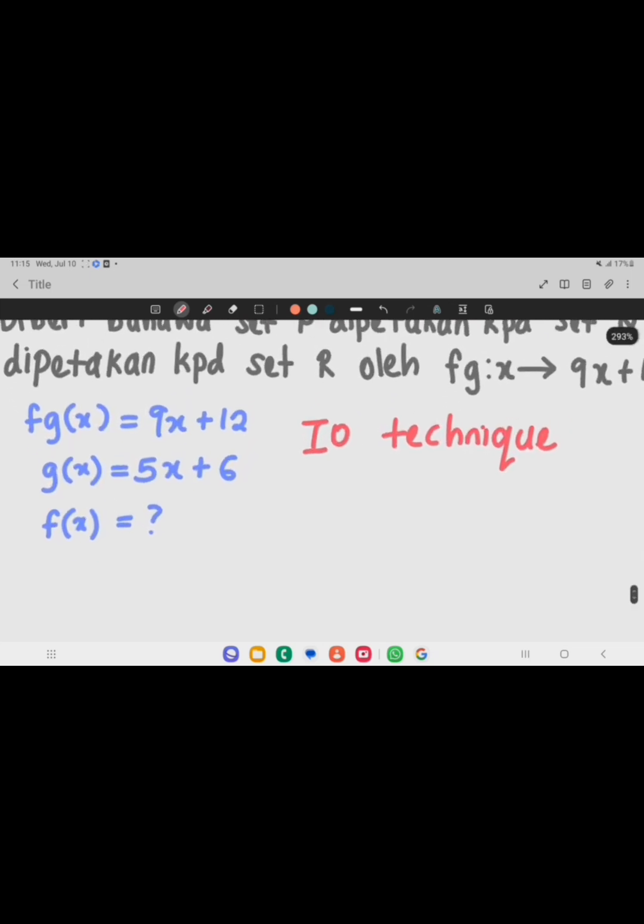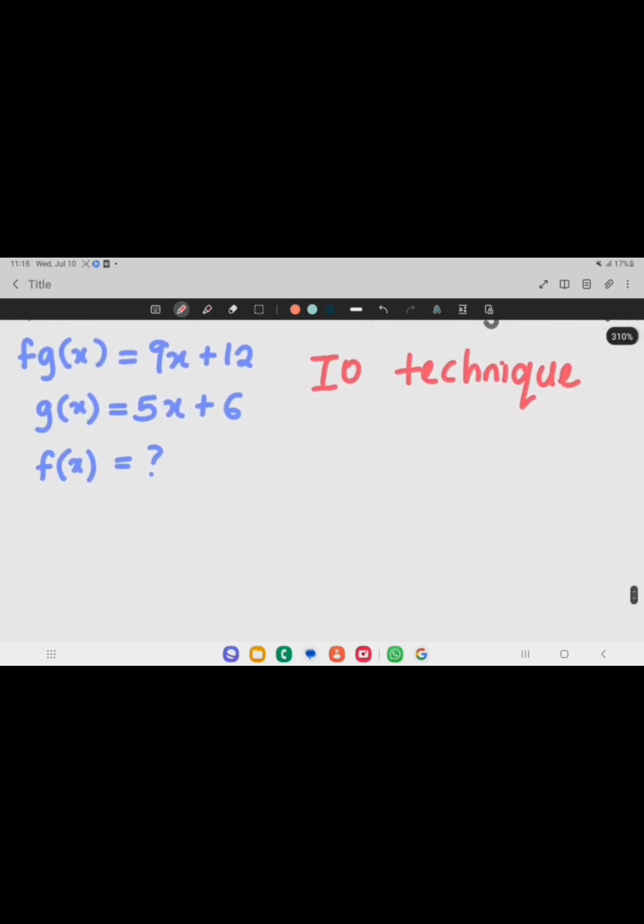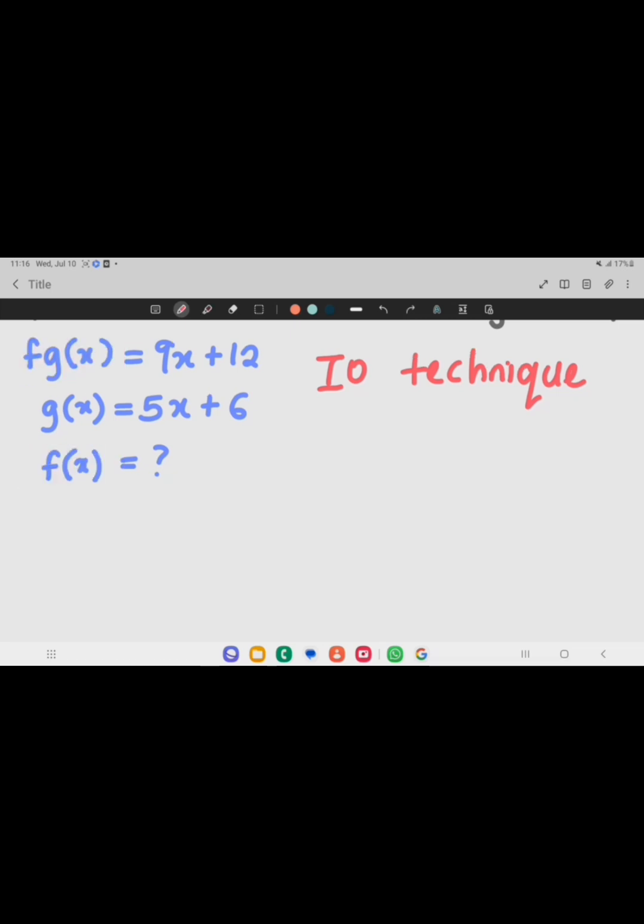So how do you know whether this is an inside or outside question? You look at your fg(x), and then you look at the function that you have to find. Basically you have to find f(x). So you have to identify whether f(x) is located inside or outside.